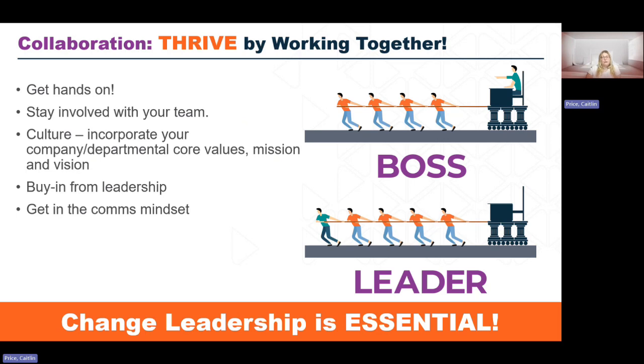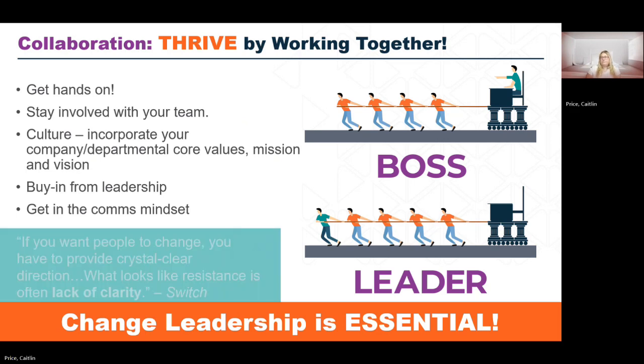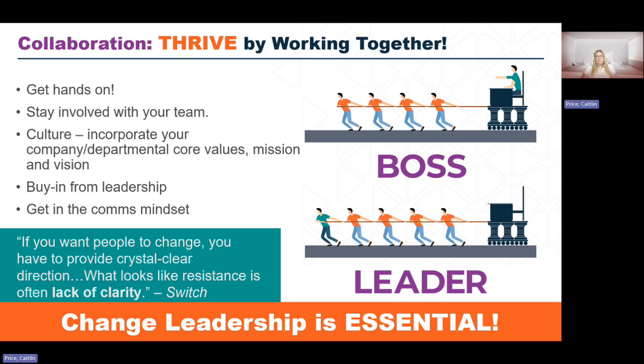You want to look for value and how you will bring that to your team. I love this quote from the book Switch. If you want people to change, you have to provide crystal clear direction. What looks like resistance is often lack of clarity. Make sure your team is on board and be direct and communicate well to know exactly what those end goals are for success.